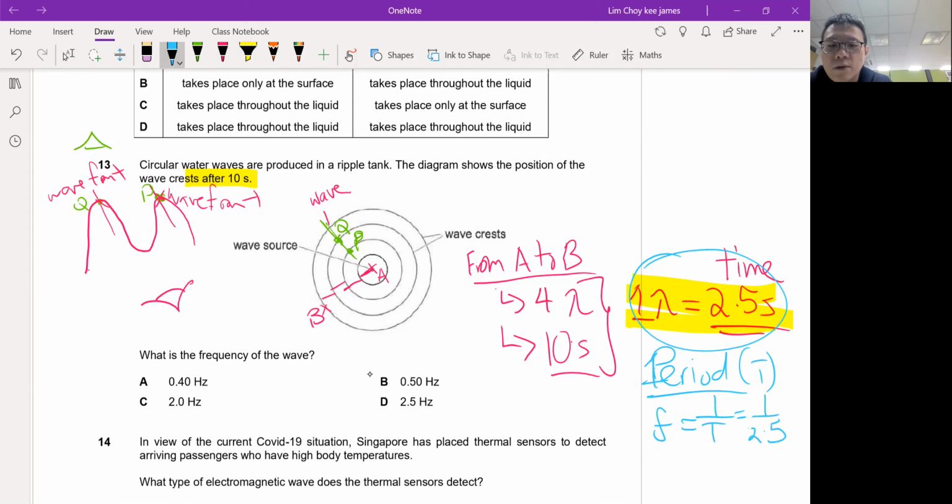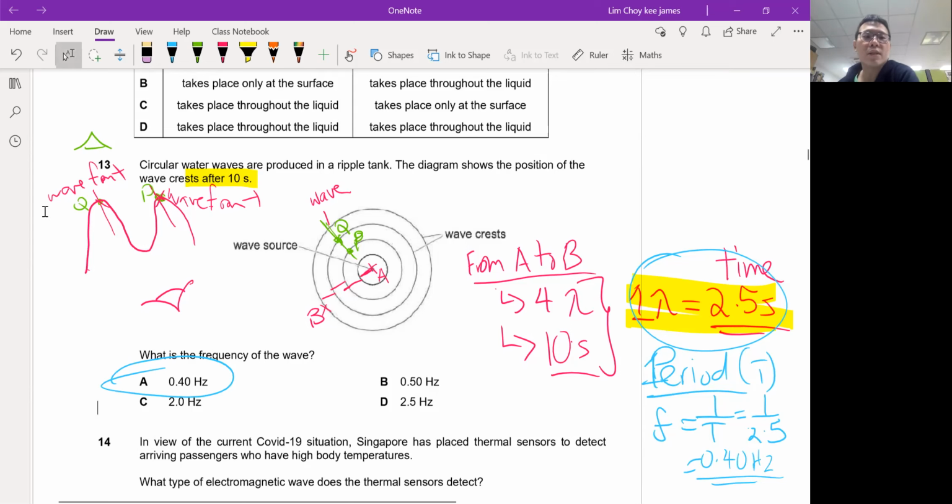If you take 1/2.5, the answer will be 0.4, so the frequency will be 0.40 hertz, which is A, sorry, not C. Take note of the trick here. The important thing is students need to know what I mean by wavefront and how to interpret this picture.